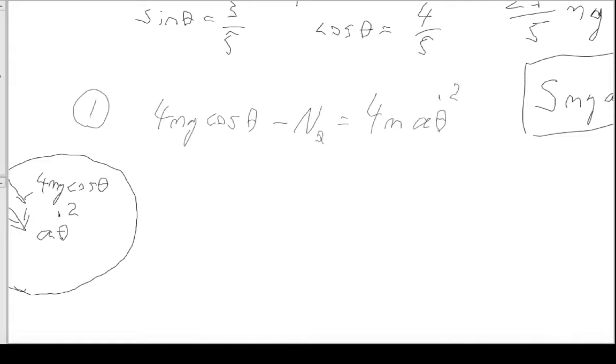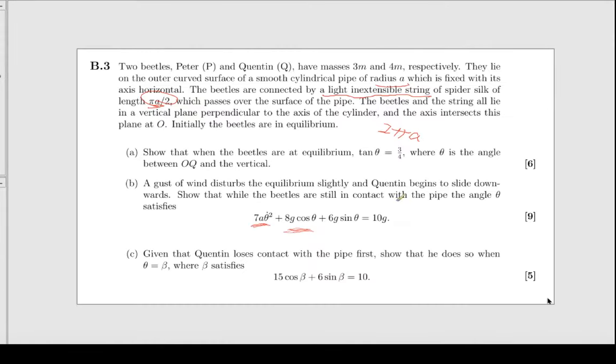And we want to show that when this is true, theta is basically equal to beta. So I'm going to be combining this with what we've discovered for equation 2.